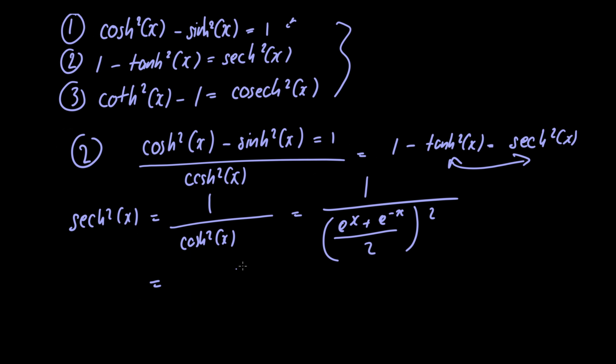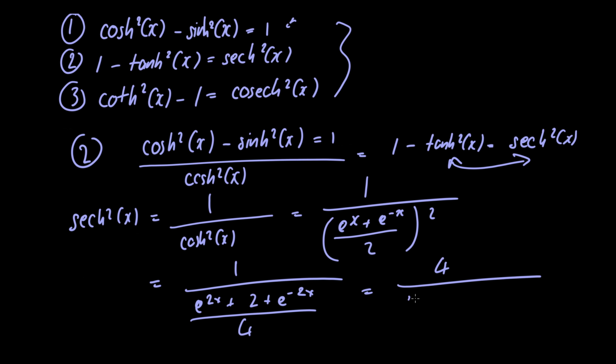So we're going to have 1 over e raised to 2x plus 2 plus e raised to minus 2x divided by 4, and that's going to be equal to 4 over e raised to 2x plus 2 plus e raised to minus 2x. So we basically just need to show that this is equal to this, then we're done.